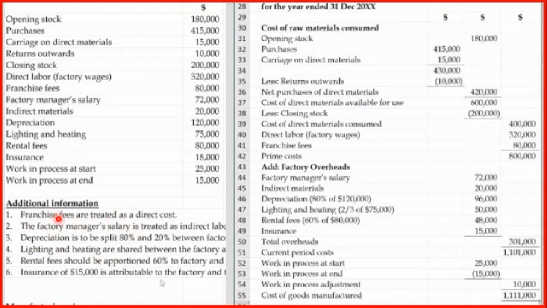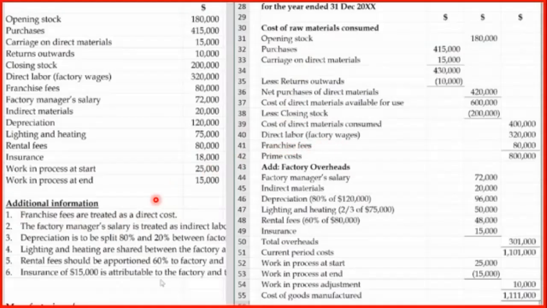I'll just go through the adjustments because the other figures go in just as they are, right? Franchise fees are treated as direct costs. Okay, you notice the same thing I just told you. When you have a direct cost that goes in here, they must tell you it's a direct cost. Otherwise, you wouldn't know to put it here, right?